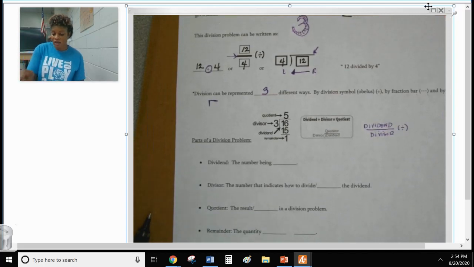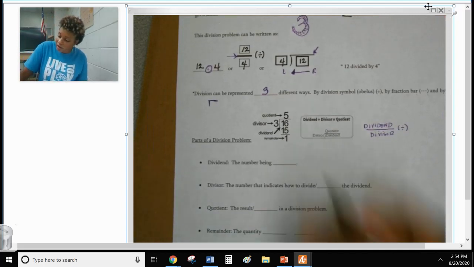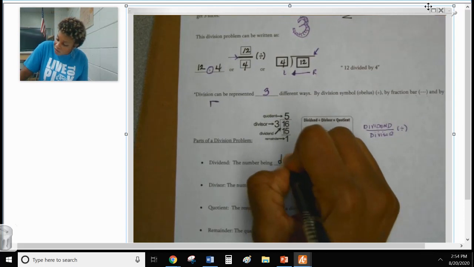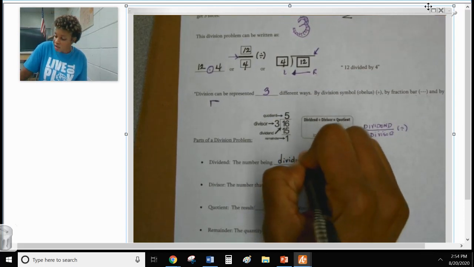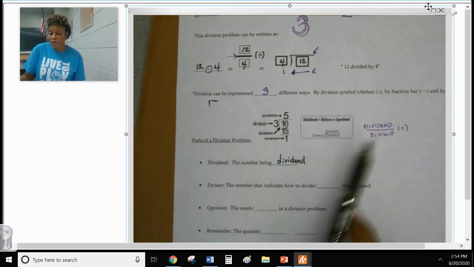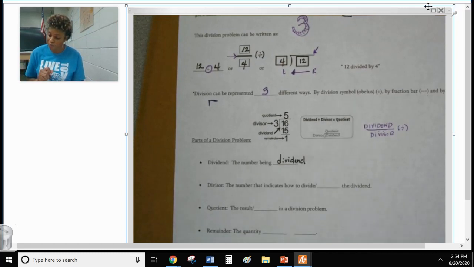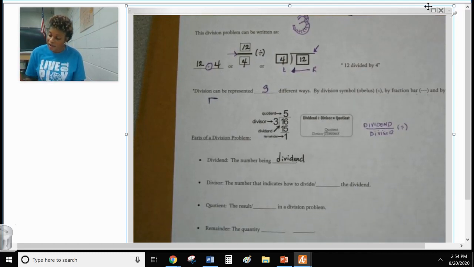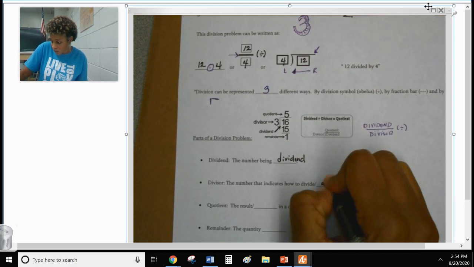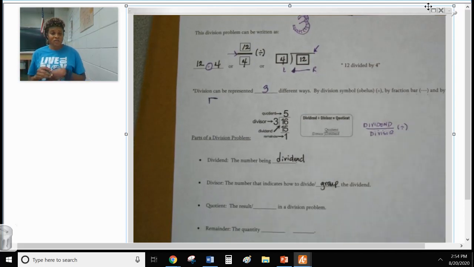So let's jump into this vocabulary quickly. Dividend. Dividend is the number that is being divided. That's the number inside of the house or on top of the fraction bar. Divisor. Divisor is the number that indicates how to divide or how to group the dividend. The divisor tells me how to group it.